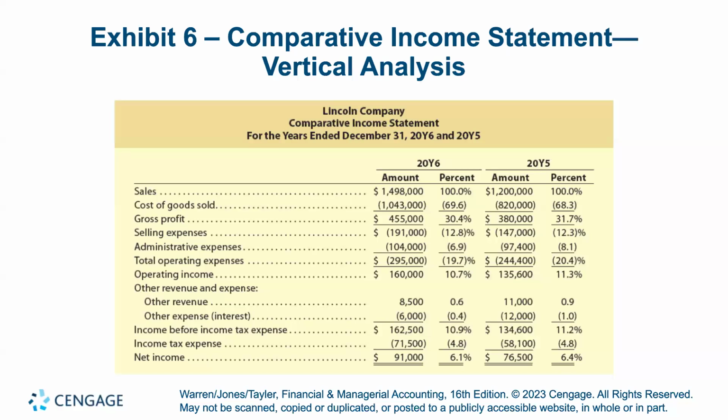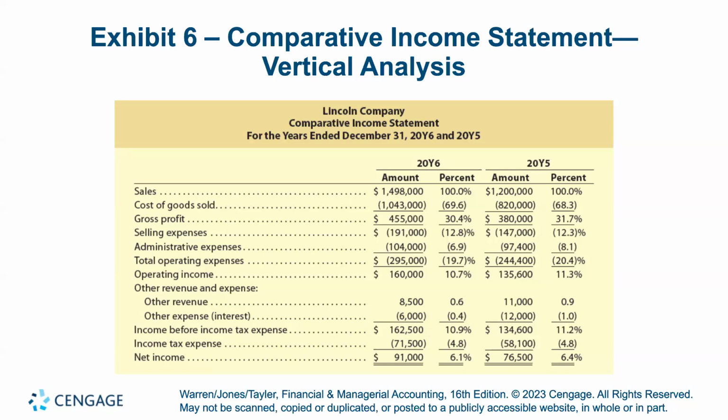Okay. And again, we just do that for each of the line items, gross profit, all the expenses, etc. We can see our net income went from 6.4% of sales to 6.1% of sales. So even though our sales grew, we're making a slightly less amount of profit per dollar of sales.